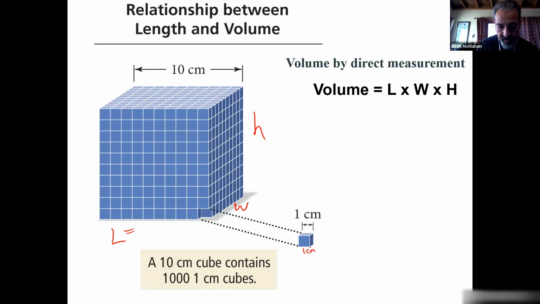So the length is 1 centimeter, the width is 1 centimeter, and the height is 1 centimeter. If I plugged it in, 1 centimeter by 1 centimeter by 1 centimeter would give me a volume of 1 centimeter cubed. And if I was to pour water into that, that would give me 1 milliliter. So 1 milliliter is 1 centimeter cubed, right?